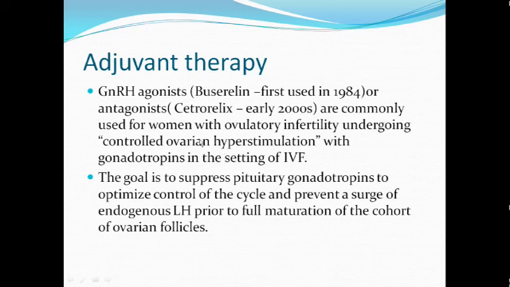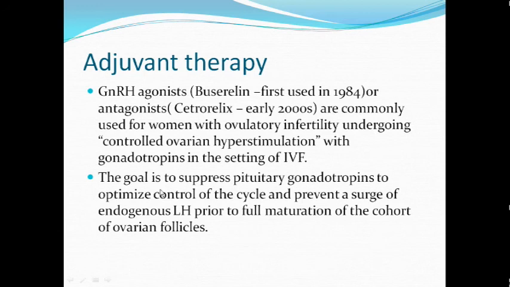So where we have done the ovulation induction, in case of IVF it is also known as controlled ovarian hyperstimulation, where induction has been done with gonadotropins. You may have to use this agonist or antagonist.